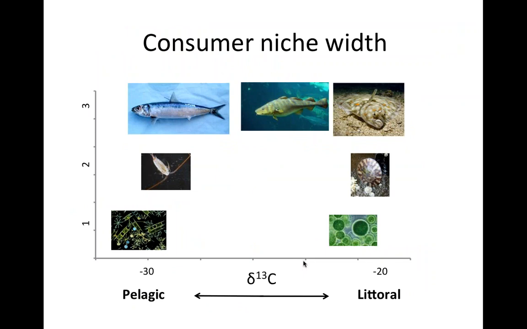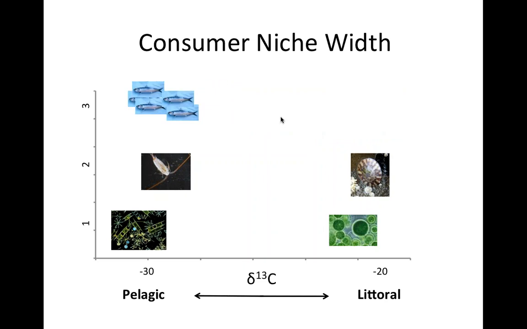So to start at the start a little bit, basically what they're saying is, okay, we want to examine consumer niche width. And this is the typical isotope biplot that we looked at yesterday, where you've got your pelagic productivity, benthic productivity, pelagic consumers, benthic consumers, and generalists in between. Well, that's a very simplified visual thing.